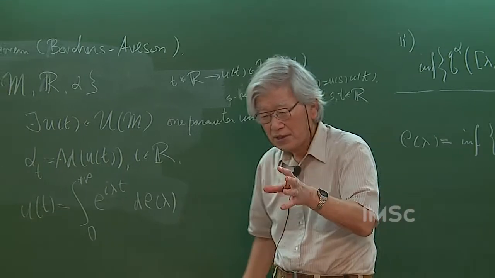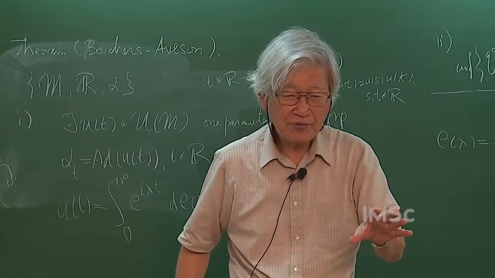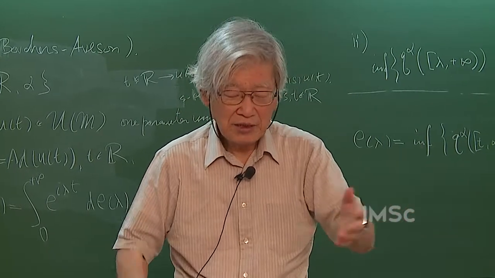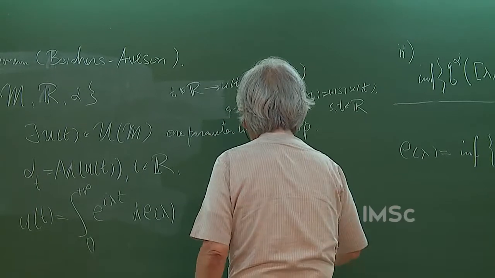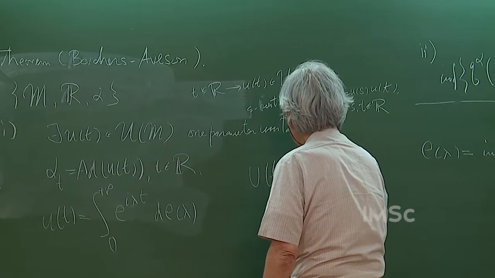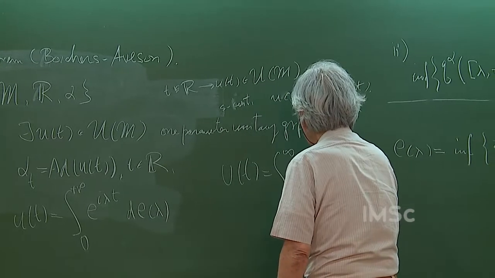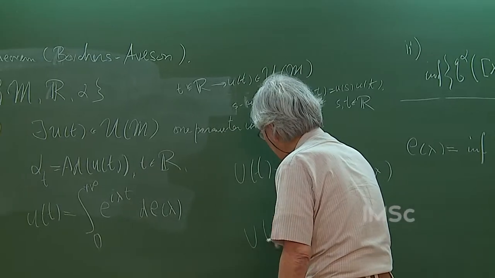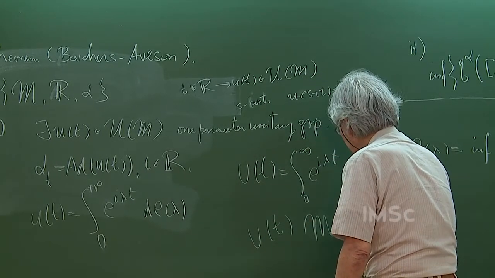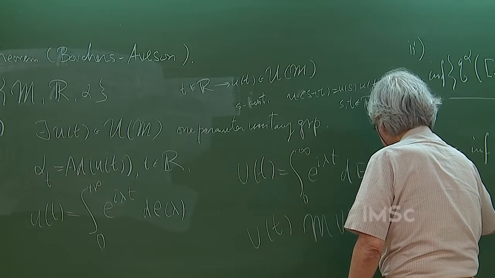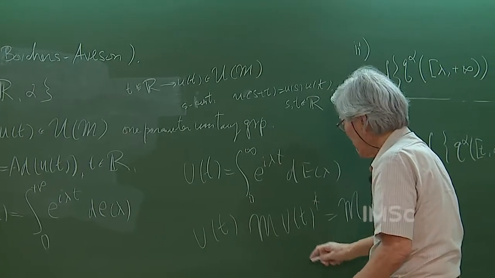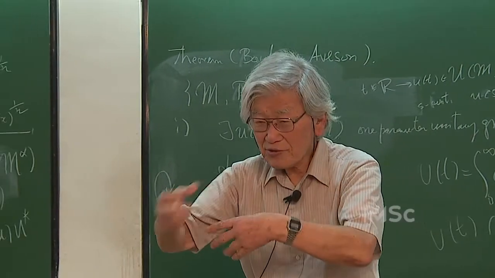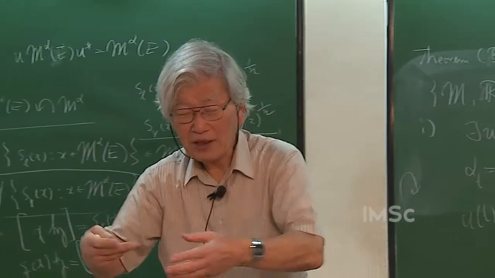If you expect the energy operator to be positive, suppose you have U of t equal to the integral from 0 to infinity of e to the i lambda t dE lambda, and U of t normalizes M so that U of t gives rise to a one-parameter automorphism group of M, without knowing whether U of t is in M or not.